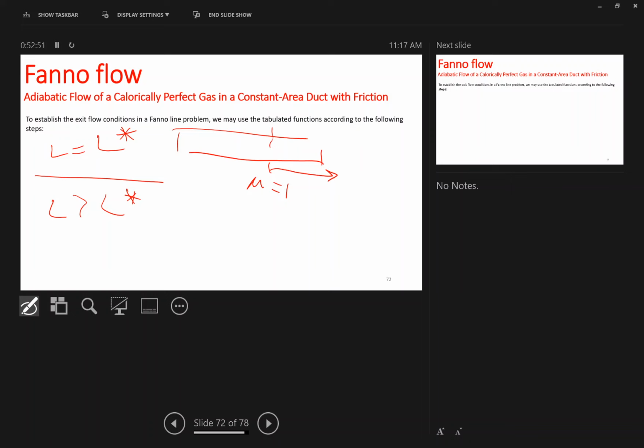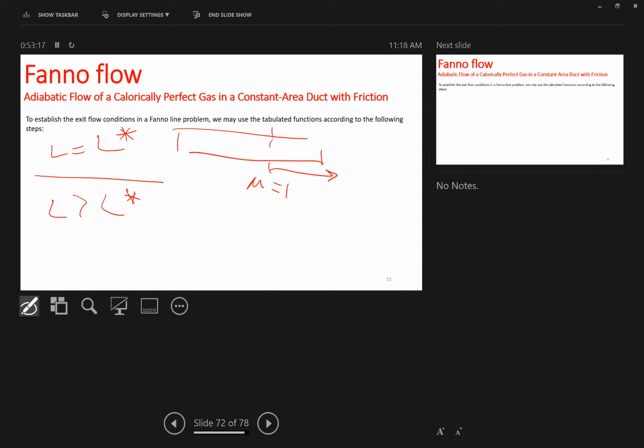So to find these new inlet parameters, you already have the L star calculated based on the old one. You calculate the P star, T star, and rho star, right? And again, the star conditions don't change, it doesn't really matter what your L star is.